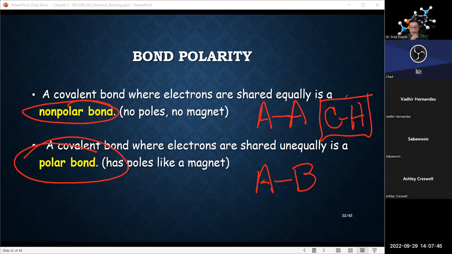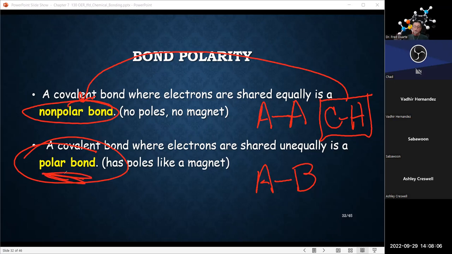Therefore, anytime you see a carbon-hydrogen bond, it is a non-polar bond. All the other examples, the diatomics, are non-polar bonds, because in diatomics the two atoms are the same. So anytime there's a different species bonded to each other, I've got a polar bond.